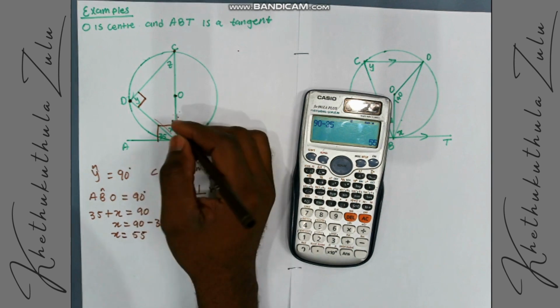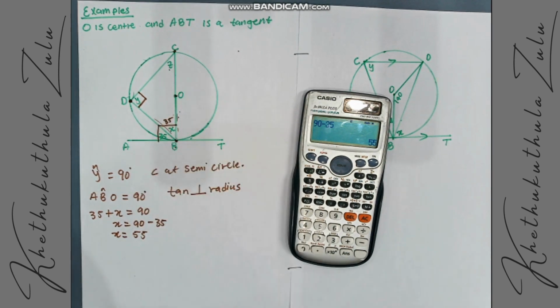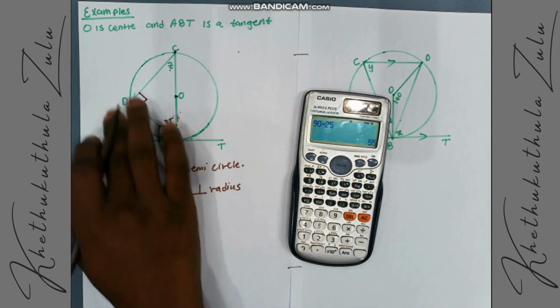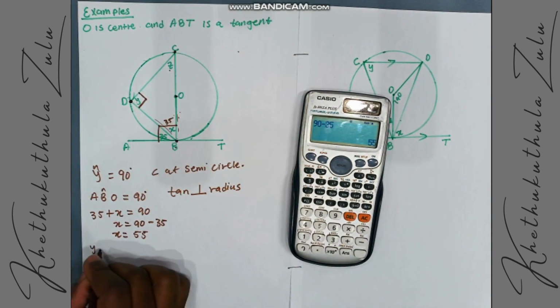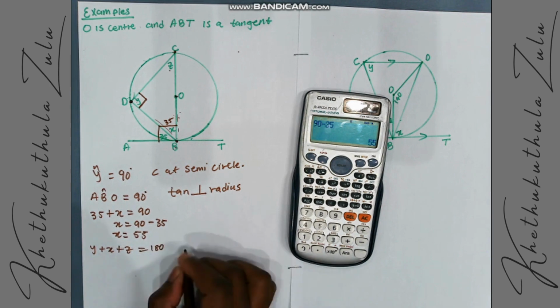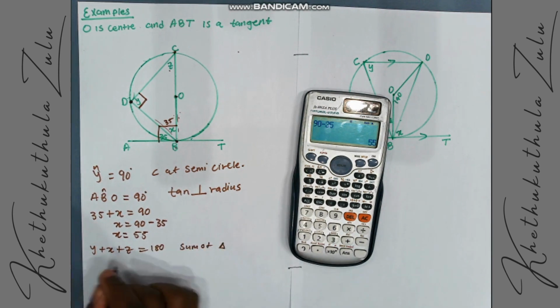And then from there we have this X, which is 35. We're looking for this Z here. This is a triangle. Then Y plus X plus Z is equal to 180, sum of a triangle. Y is 90 degrees, X is 35.